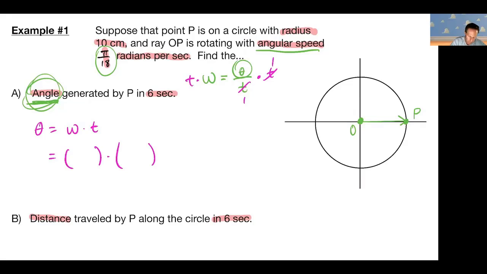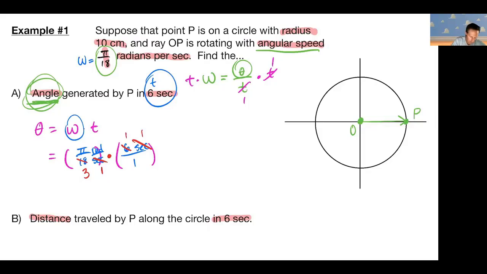All we got to do is put them in and make sure that we give them the proper answer and units. So for us, they said that the W was equal to pi over 18 radians per second, and then the time was 6 seconds. So notice what happens is when we start multiplying this out, remember the only time that we can cancel is when we're multiplying, is the seconds will cancel, as will the 6 and the 18 by 6.